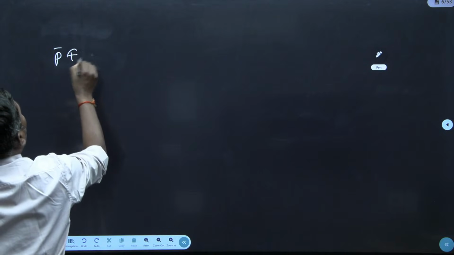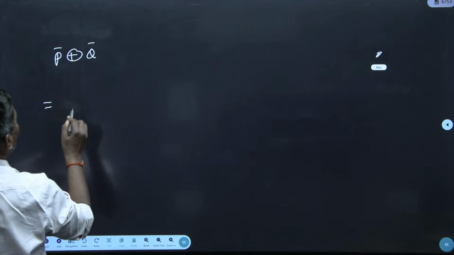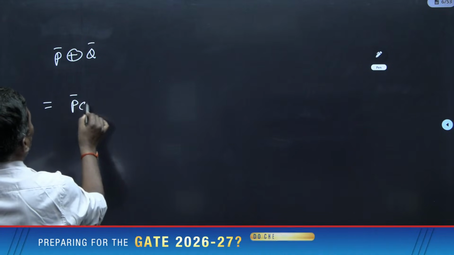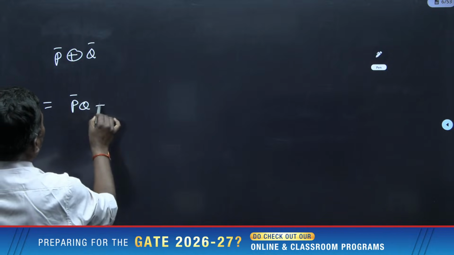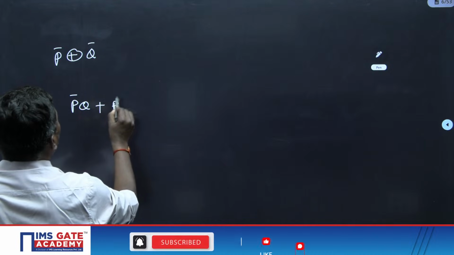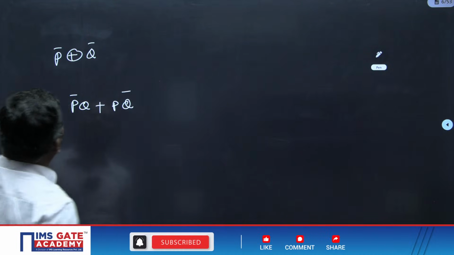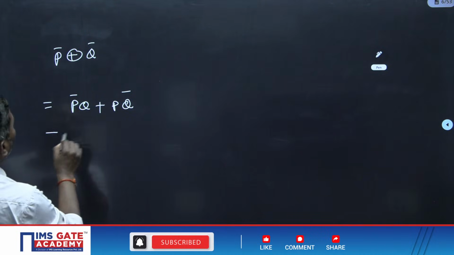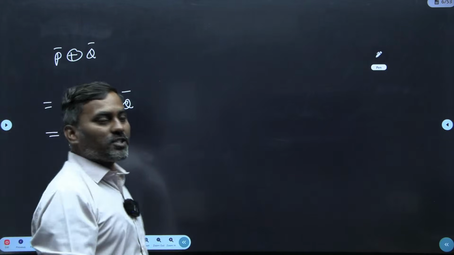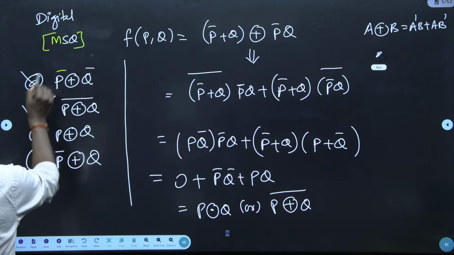P' XOR Q', simplify it. P' and Q' means Q only will come, plus P Q' will come, isn't it? So that means it is giving P XOR Q, but we are expecting XNOR operation to come. Therefore, option A is incorrect.